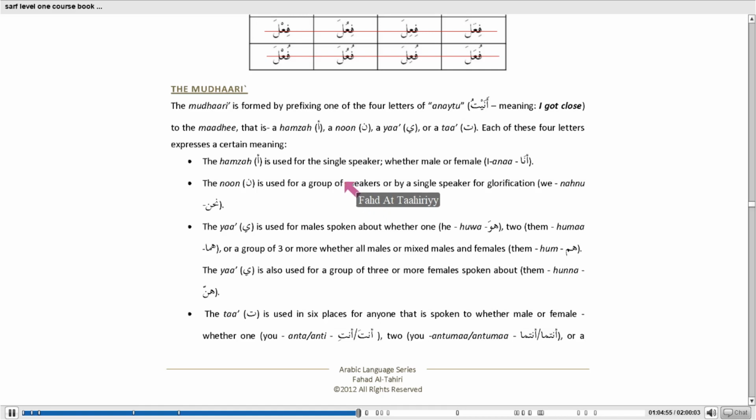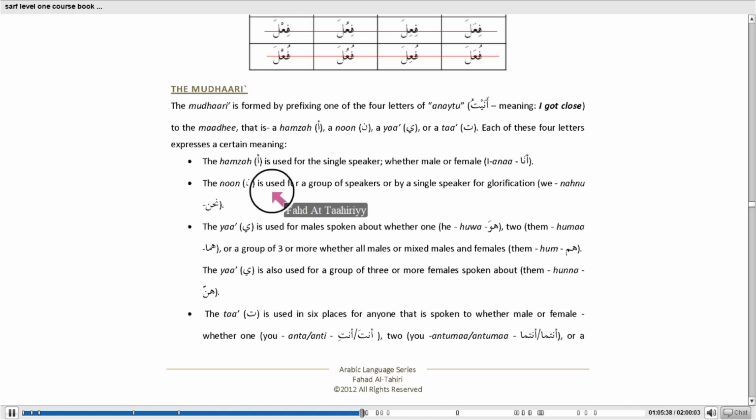Now, the noon is used for a group of speakers, we, or by a single speaker who's glorifying himself, like when Allah subhanahu wa ta'ala says, "Nuridu an namunna ala..." Nuridu means we want, and the speaker here is Allah. Allah is the one who's speaking here.